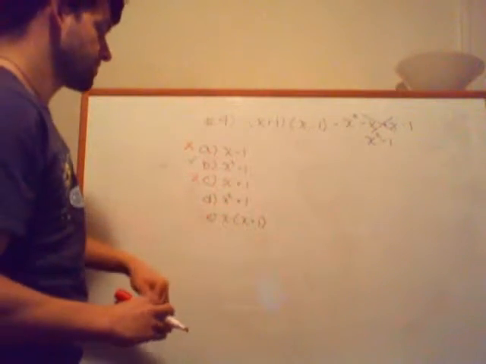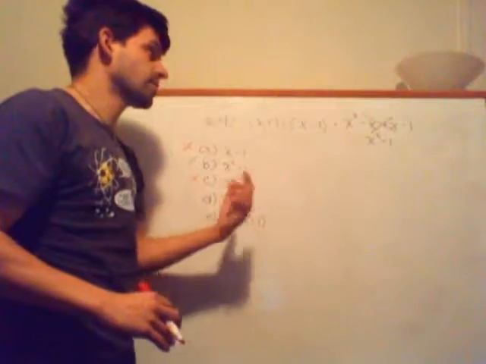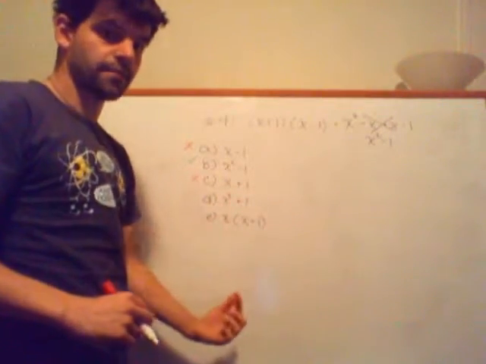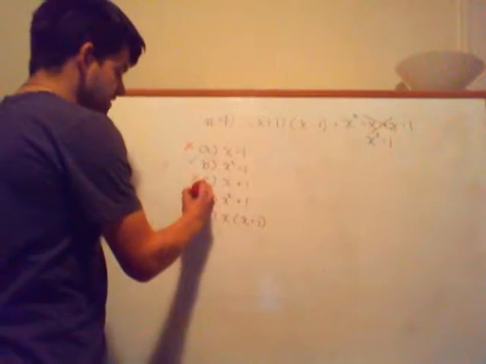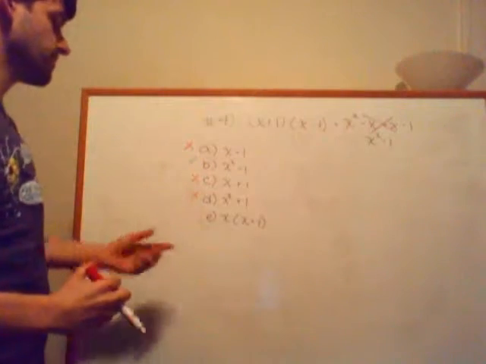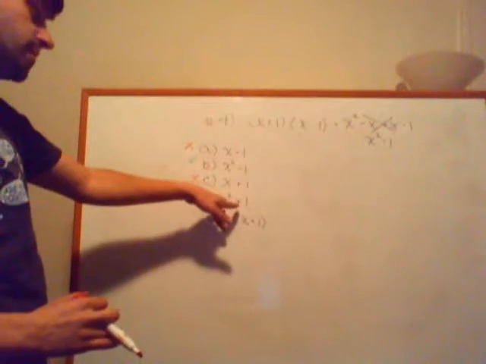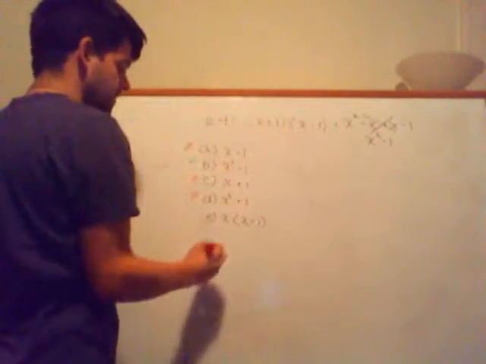Also be careful with how you multiply your positive 1 and negative 1. Remember, positive times negative is negative. Negative times negative is positive. So that's why this one won't work. There's no factoring way for a sum of squares, as well as be very careful of your positives and negatives.